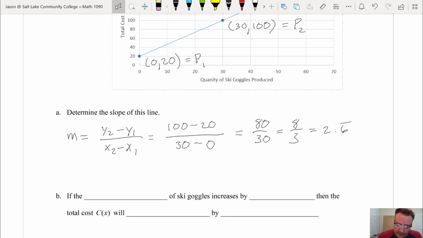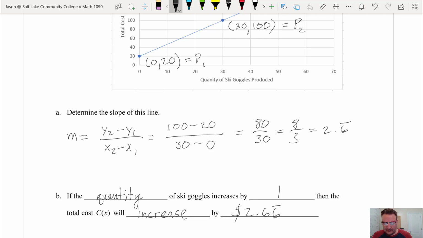So if the quantity of ski goggles increases by 1, then the total cost will increase, because our slope is positive, by approximately $2.67. So I'll write 2.66 with a bar over that last 6, which means it's a repeating 6.